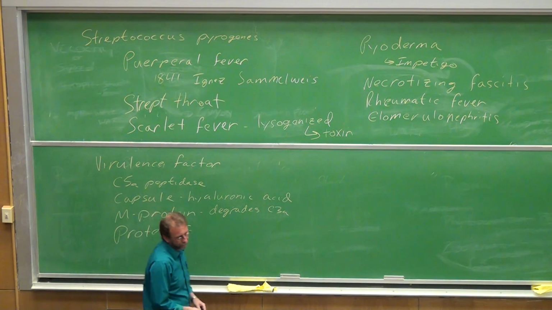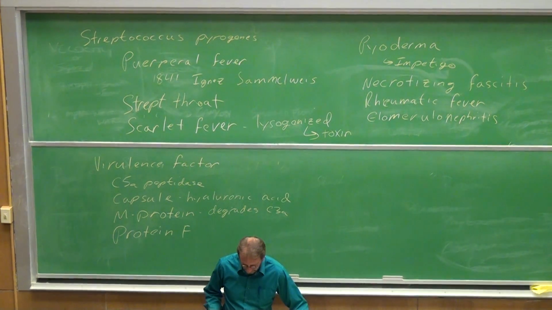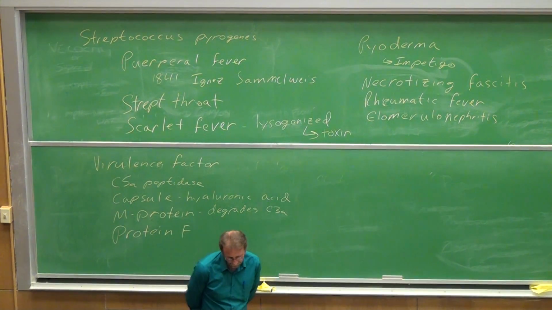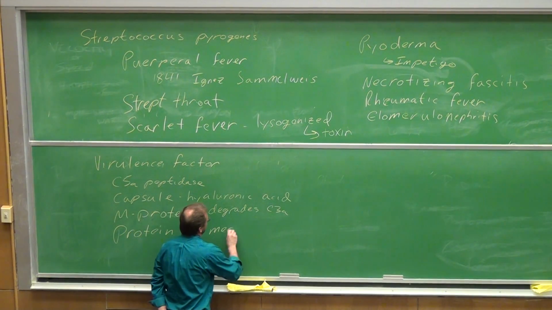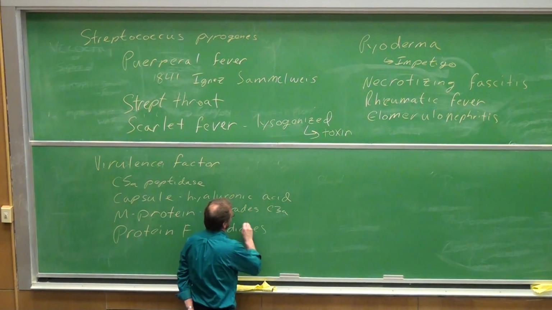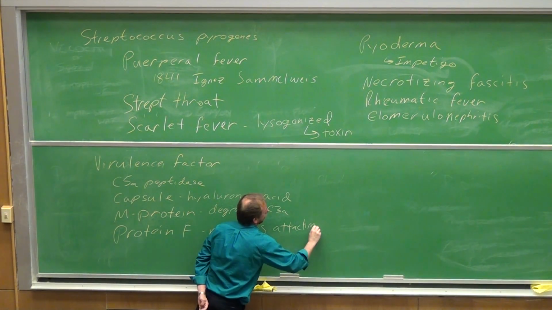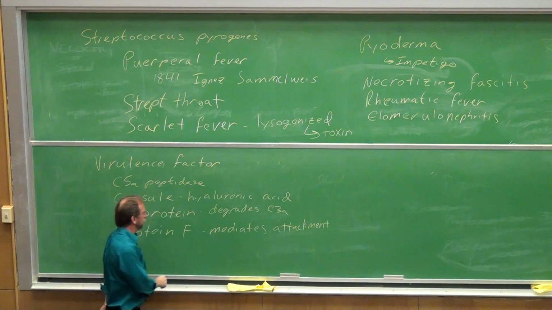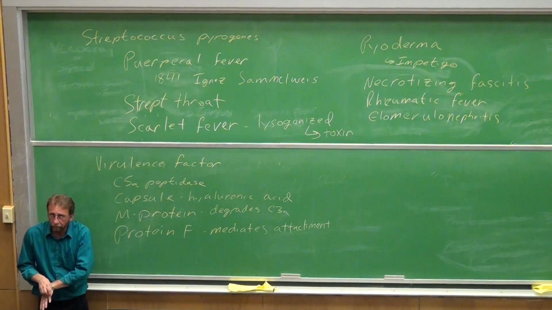Protein F, also found on the surface of the cell. This mediates attachment. So this is going to allow the cell then to bind to the right epithelial cells.